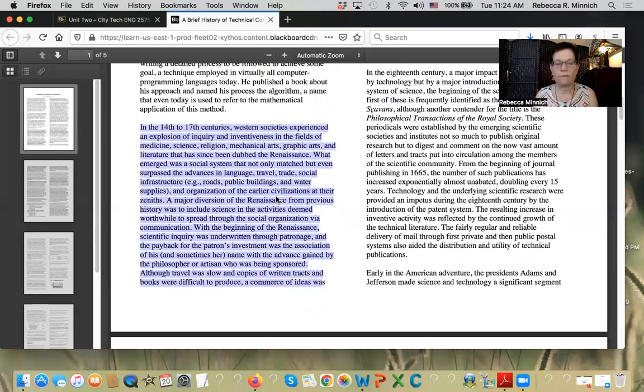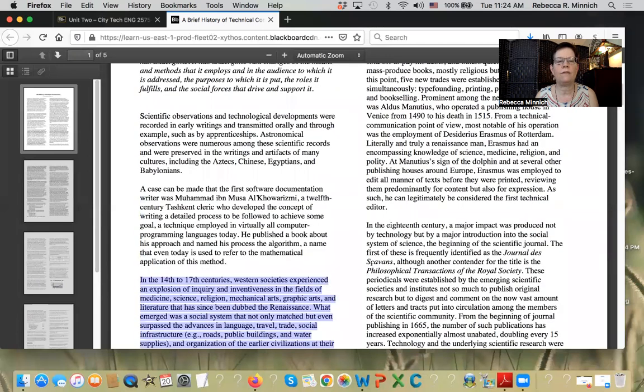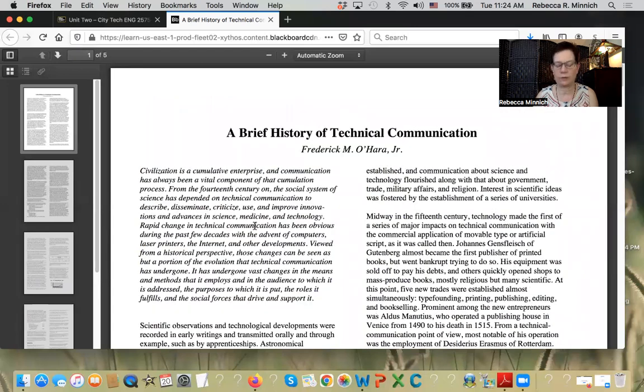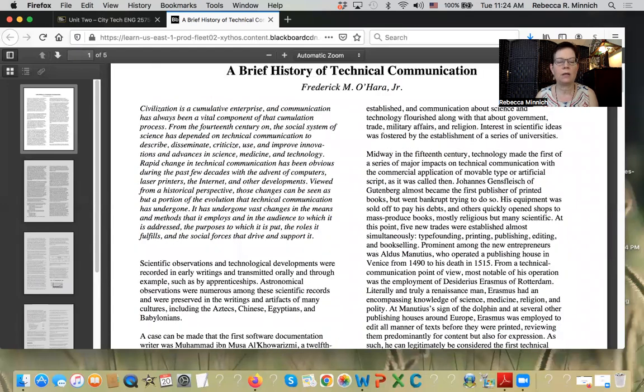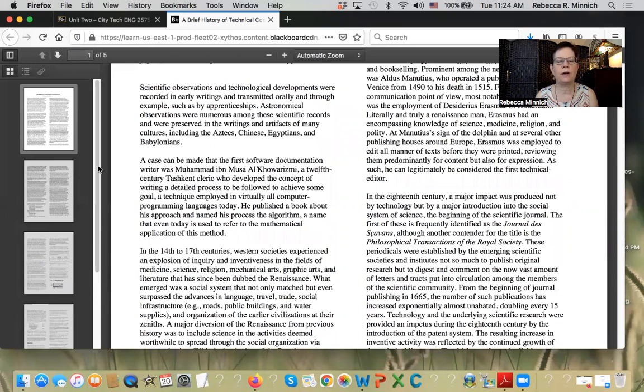So that's on the first page. So on the first page of Frederick O'Hara's reading, he talks about the medieval era, the mathematicians from the Middle East who came up with the algorithm that now so much of mathematics is based on, and our computer systems.